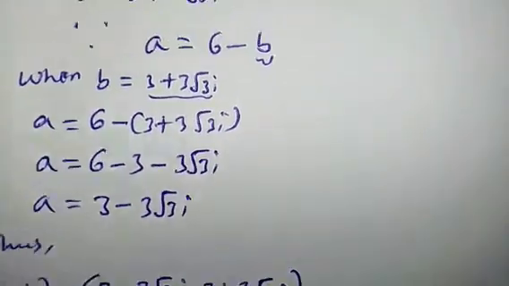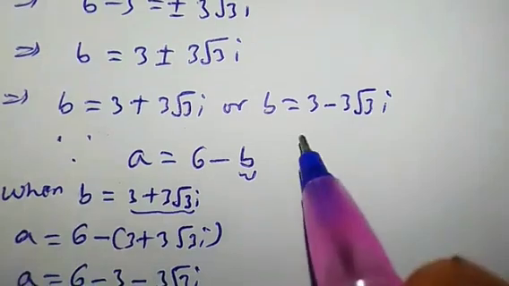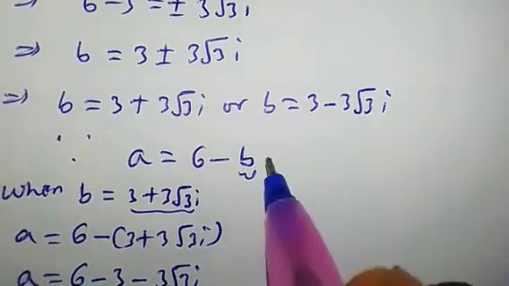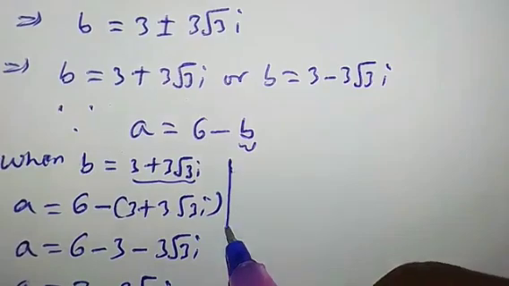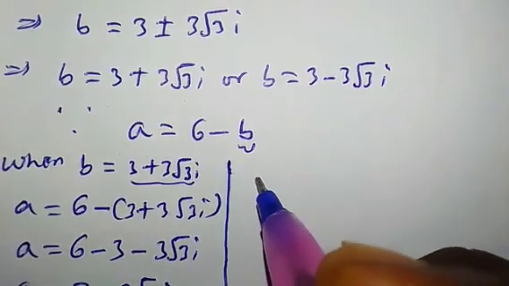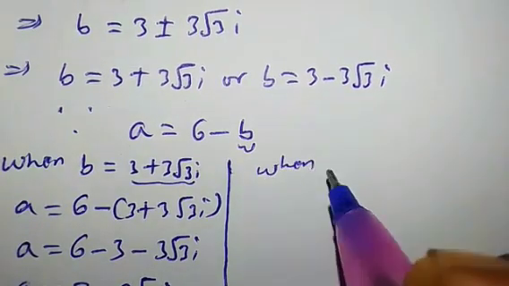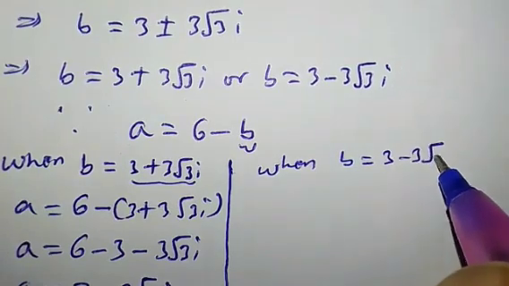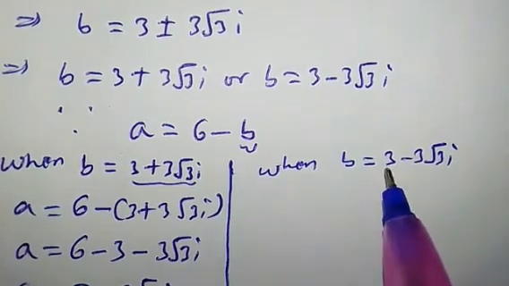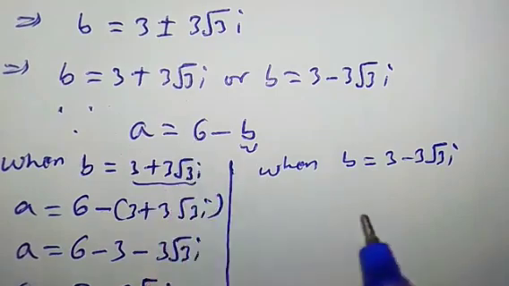The next thing we have to do is to consider the other value of b, which is this one. When b is equal to 3 minus 3 root 3 i, we just have to plug it into this equation.